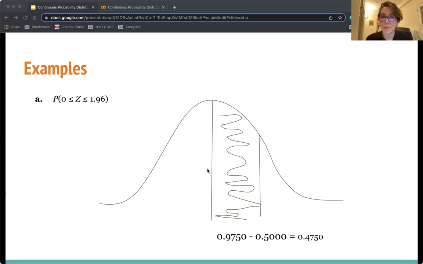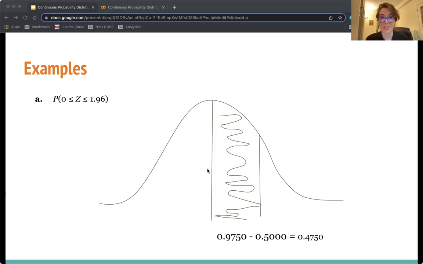And because we now have these probabilities converted from the z-score, we can get exactly the value we're looking for. So now we can say the probability of seeing a value anywhere between the mean and 1.96 standard deviations above the mean is about 47%, which, going back to our understanding of the normal distribution, should make intuitive sense: it's pretty likely that you'll see a value in this range.